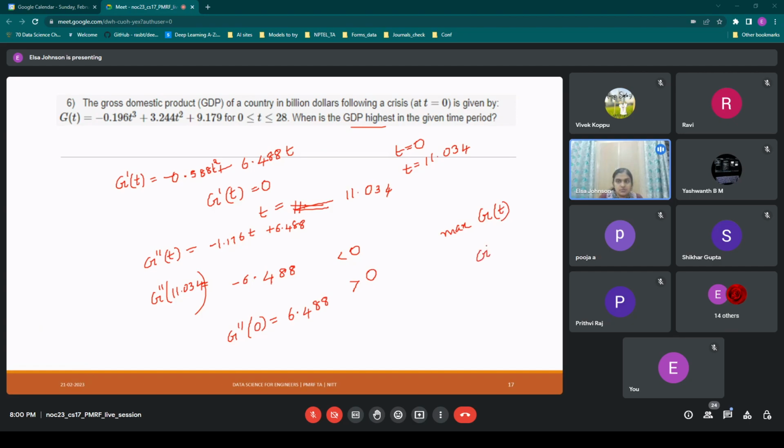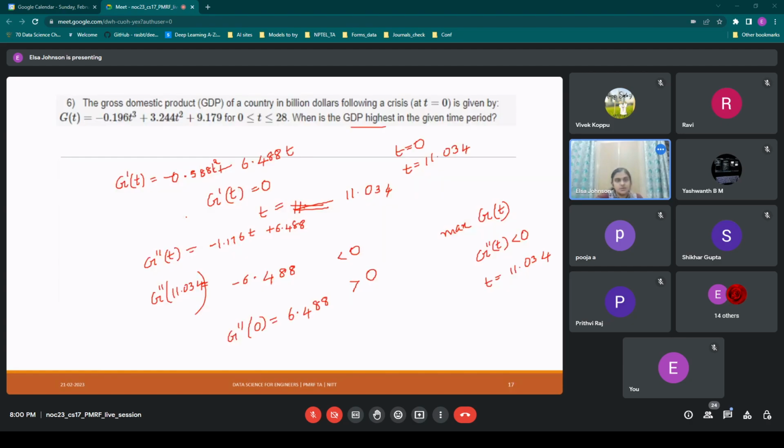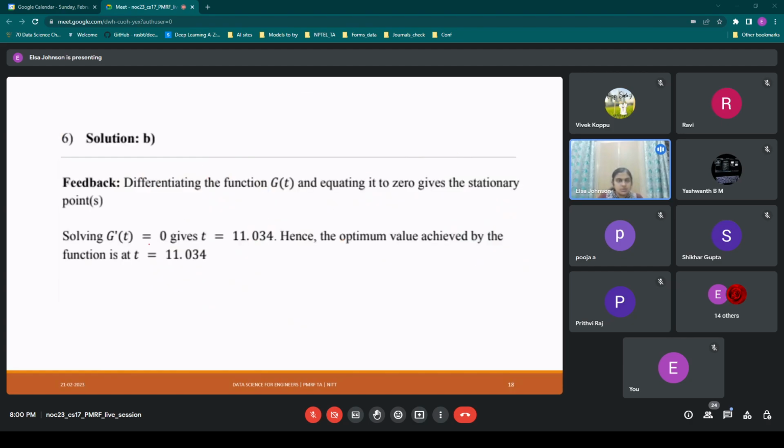Maximizing means the double derivative should be less than 0. So it's less than 0 at t equal to 11.034. That's why the answer is B. Okay, this is the answer. You can read through this one later.